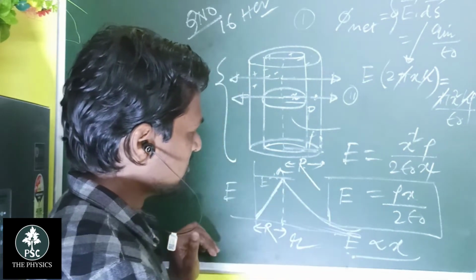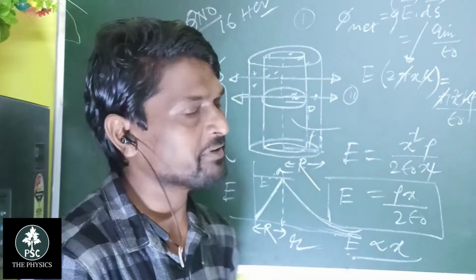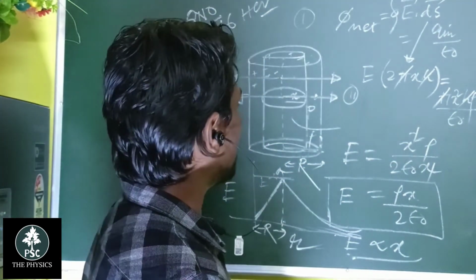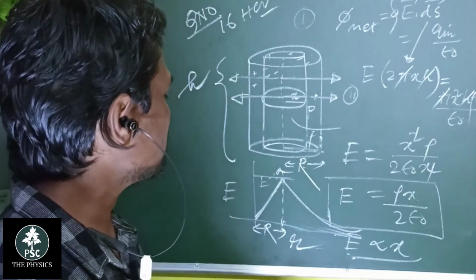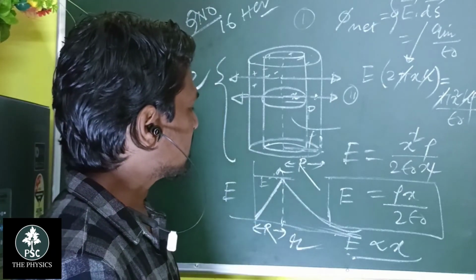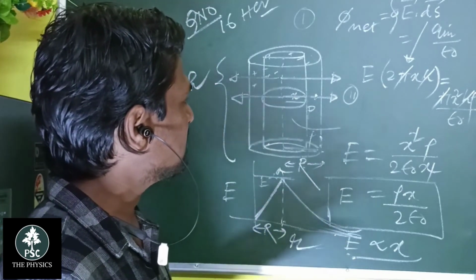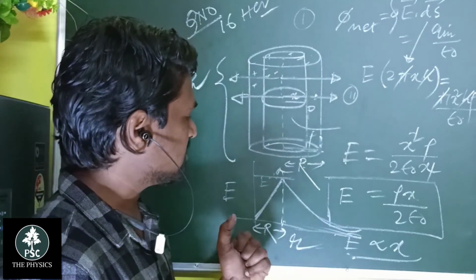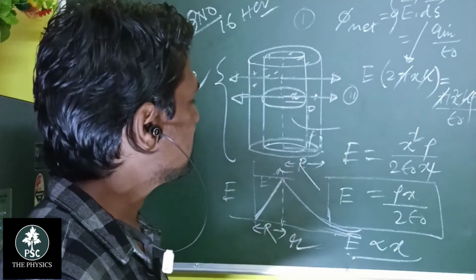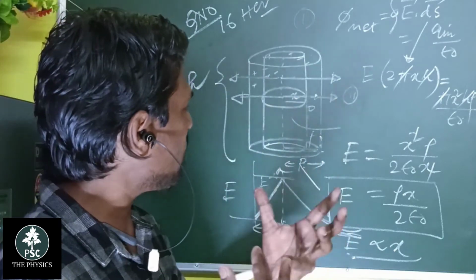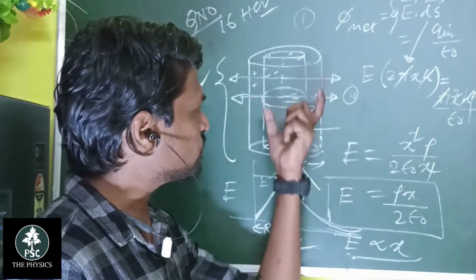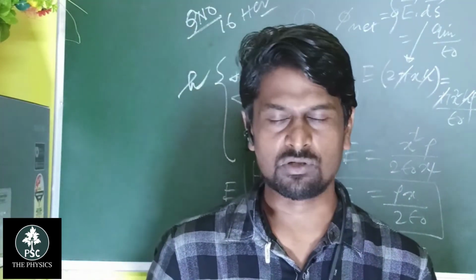So you can draw this figure also, and this is the concept related to how we can calculate the electric field due to a cylindrical distribution of charge.